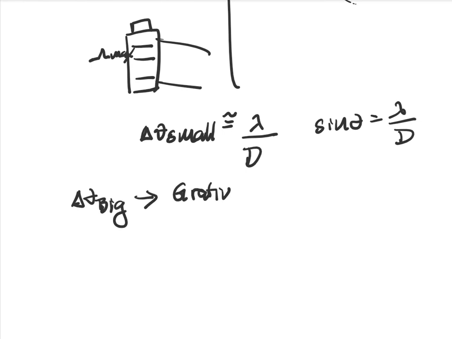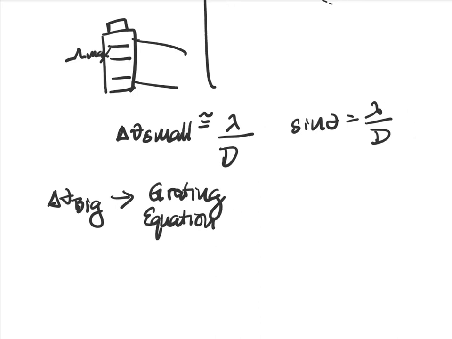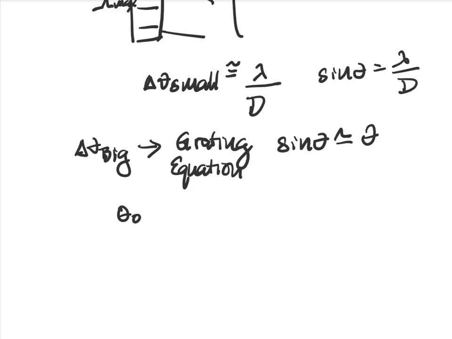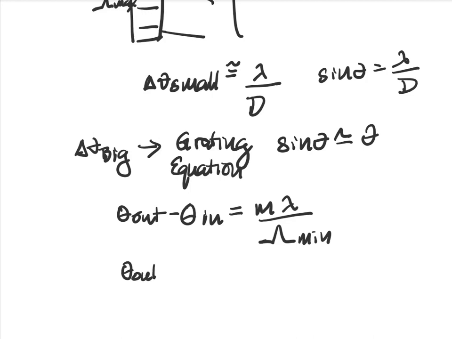That's going to come from the grating equation. So we make the same assumption we did before, that sine theta is equal to theta. Then the grating equation looks like theta out minus theta in equals m lambda over big Lambda. We're going to write this twice. One for the minimum spatial period, and one for the maximum spatial period.